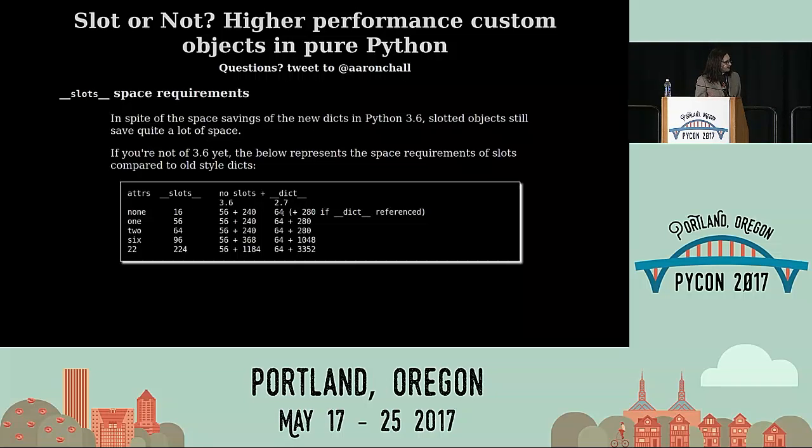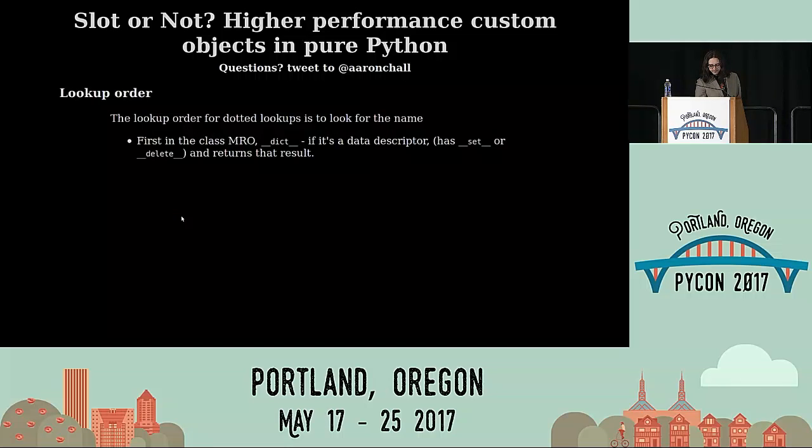So when we use slots for attributes in our classes, a slotted object won't take up very much space at all. When there are no slots, it takes up only 16 bytes of space.